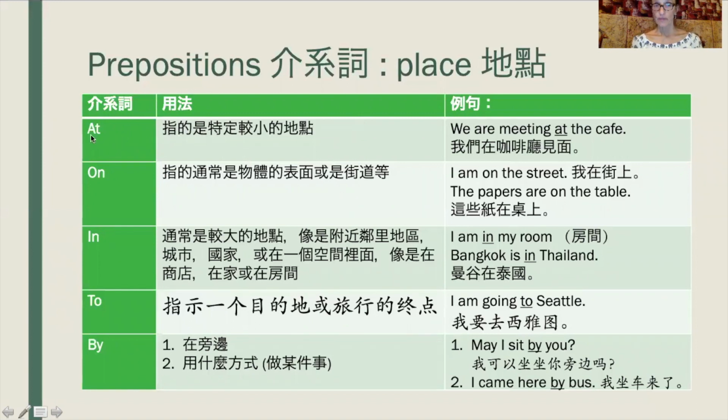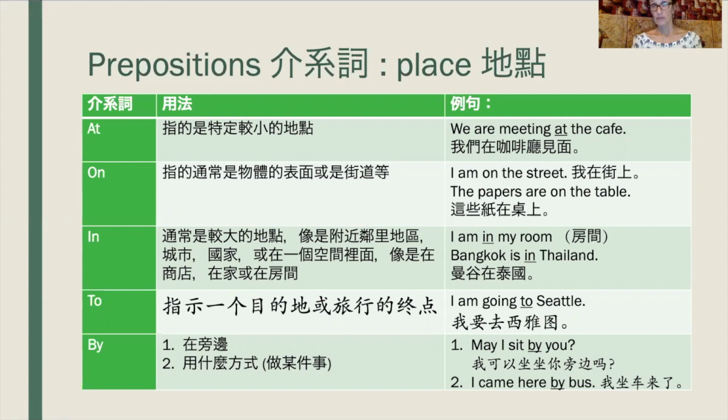At: this word at indicates, 指的是, a specific, 特定较小的地点, relatively small location, a cafe.